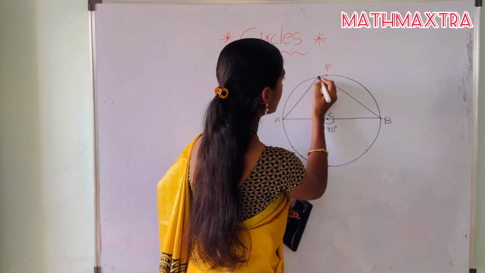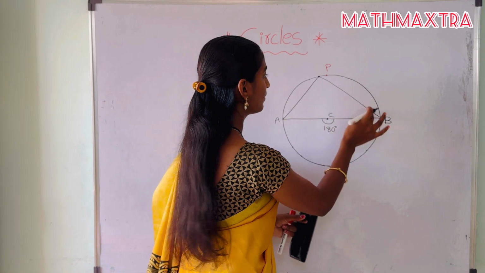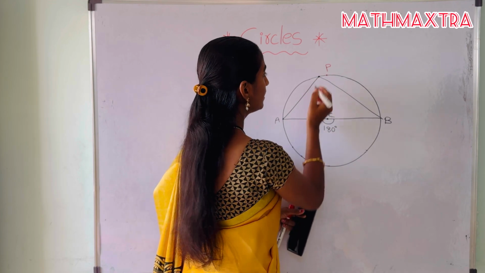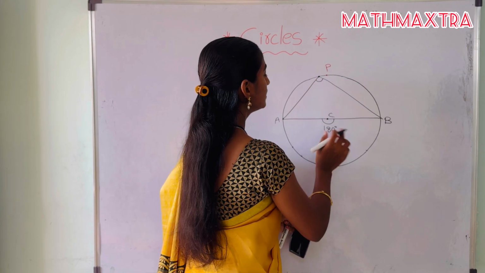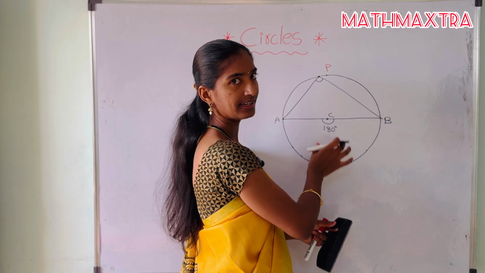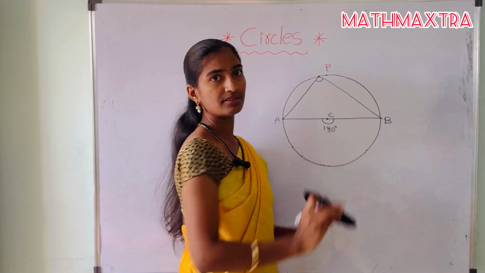So, what is the relation? The angle at the center is twice the angle subtended at any other part of the circle.